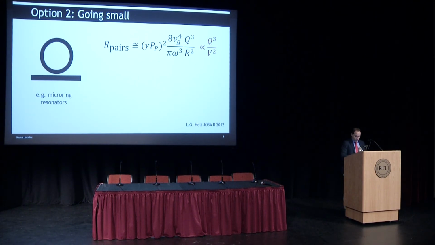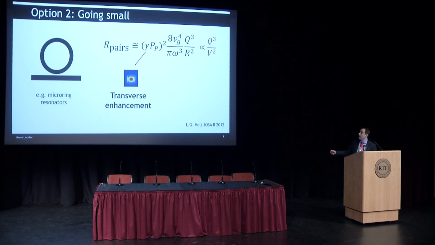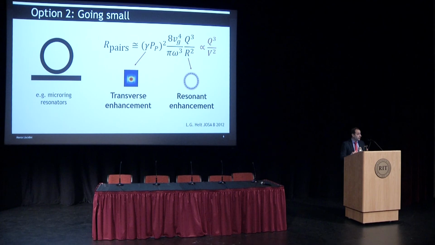Anyway, so there are two important effects that are not evident from this factor, that are the mechanism that leads to this enhancement of the nonlinearity in a ring resonator. One is sitting in the gamma, in the nonlinear parameter of the waveguide, and this is essentially what is related to the transverse field enhancement. And the other one is sitting in the Q, and is the resonant effect, the fact I have a resonator.